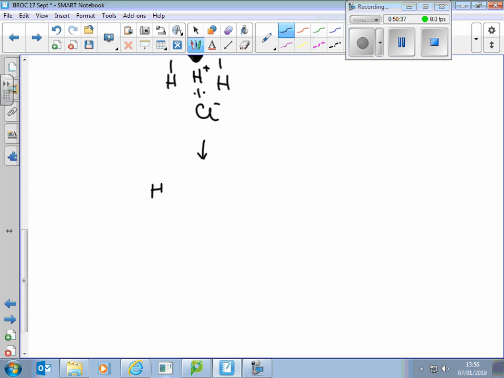You end up with that hydrogen stuck on there, on that side. You've got two hydrogens over here. The chlorine is now actually a proper chloride ion. But if this has lost an electron in forming that, what we end up with is a positive charge over here.